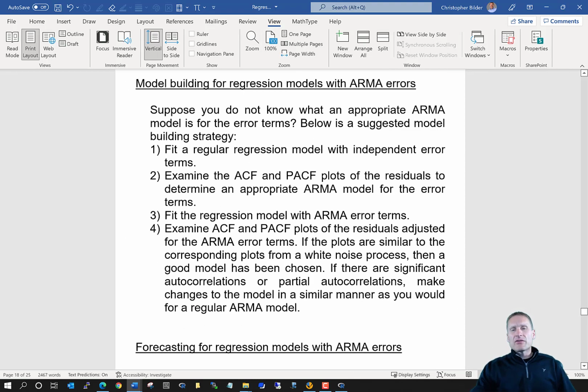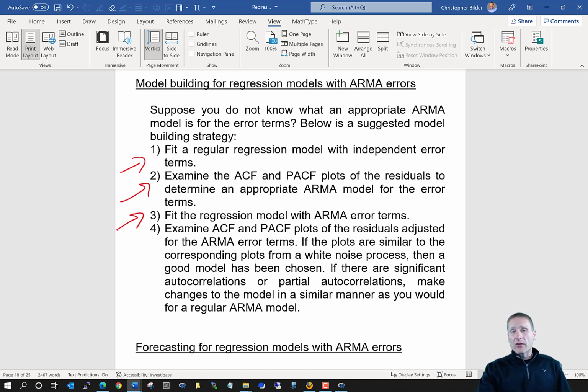So in summary, not just for this example but for other examples, how would you go about the model building process when faced with a situation like this? Here's my recommended approach. Simply fit a regression model with independent error terms, like what we did. Estimate the ACF and PACF plots, and examine the ACF and PACF plot of the residuals to determine an appropriate ARMA model for those error terms.